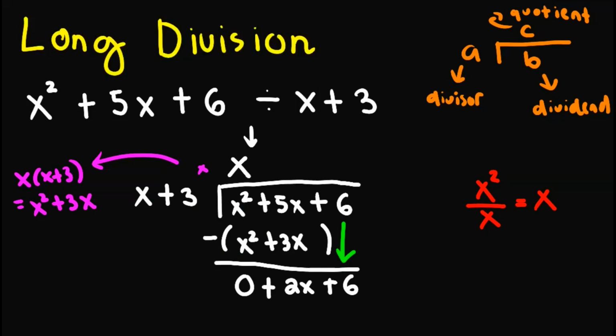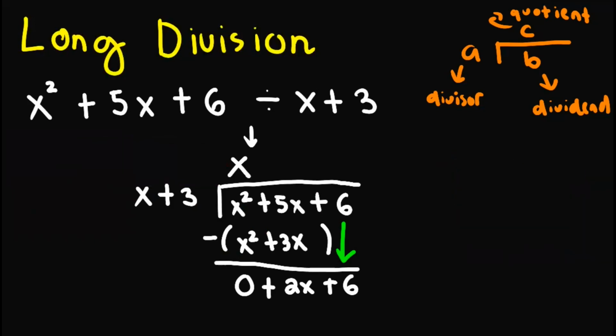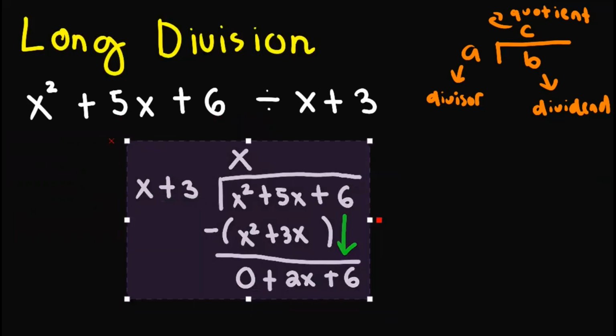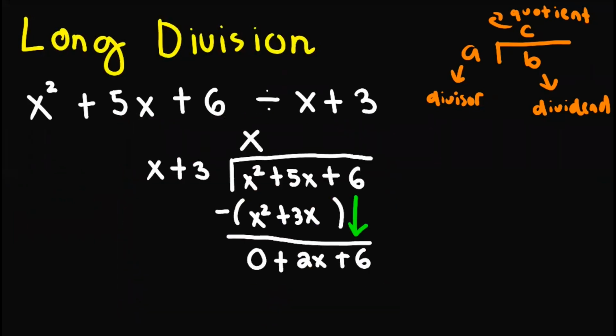So let's just clear out some space. Now, if the degree out here is still not less than our divisor, we continue the process.